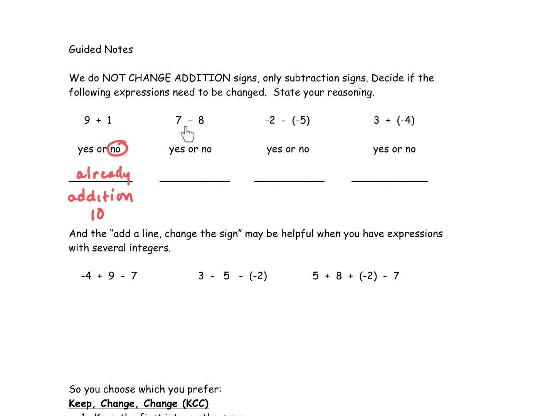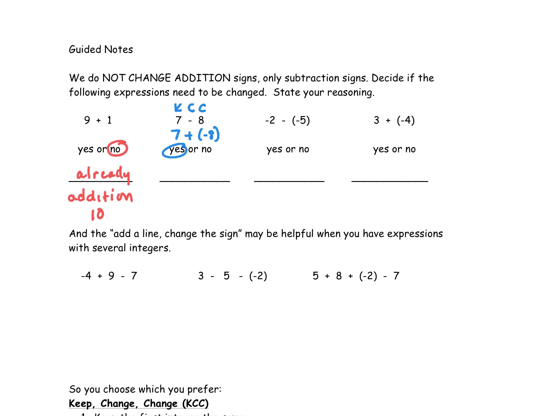The next example, I do see a minus sign. So this, yes, we want to change this to an addition problem. So this first time, I'm going to use keep, change, change. That would be rewritten as 7 plus -8.